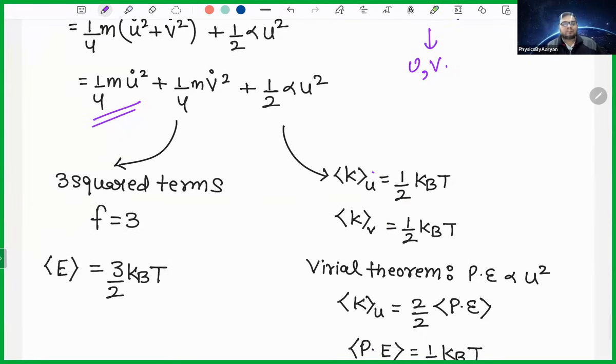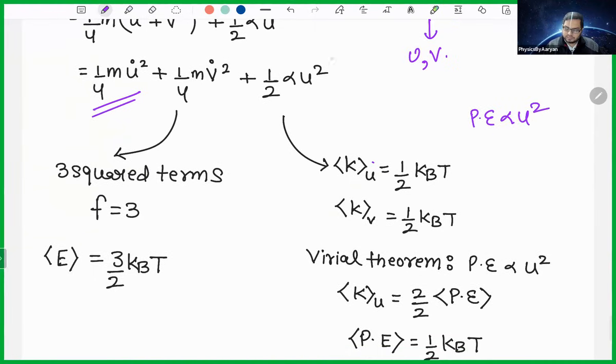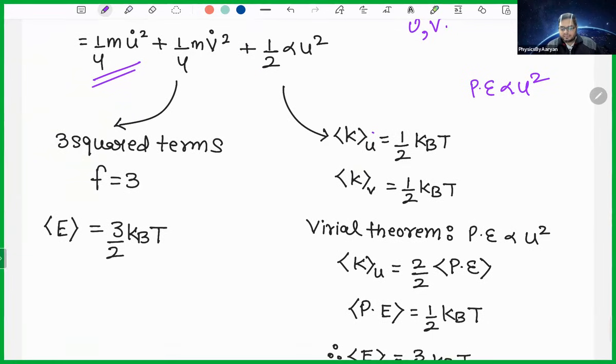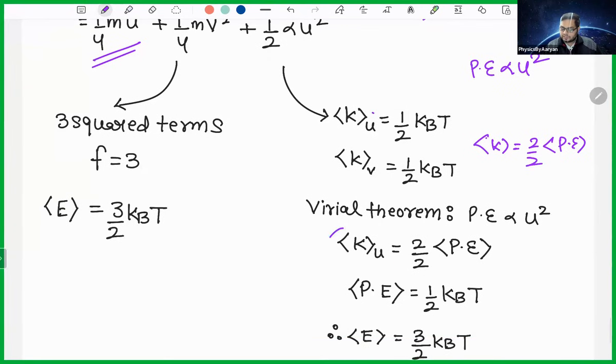Now let's try to understand the virial theorem. It says that if your potential energy is directly proportional to u square, then your average kinetic energy is, with alpha equal to 2, 2 by 2 times the average potential energy. So average kinetic energy is equal to average potential energy.